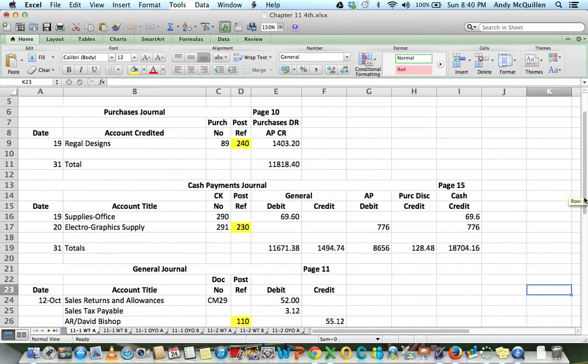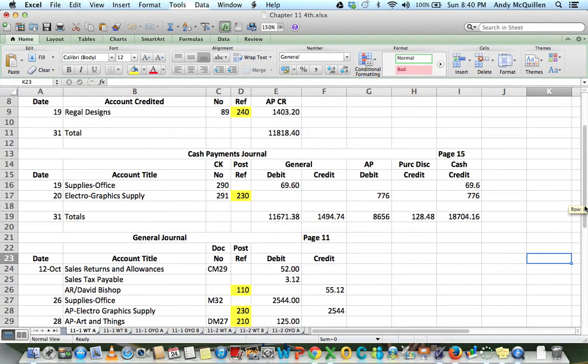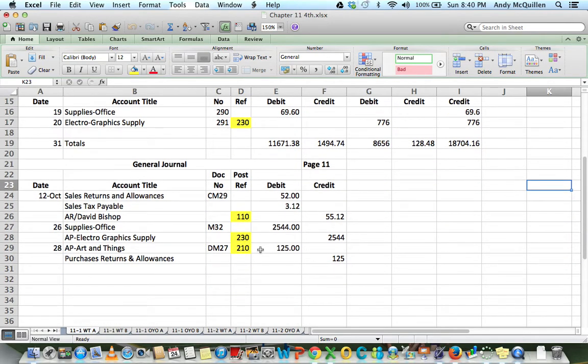The next thing, it says post the credit entry on the General Journal to the accounts payable account electrographic supply. Post the debit entry on the General Journal to the accounts payable for art and things. So we go down here to the General Journal. We are dealing with only accounts payable at this time.